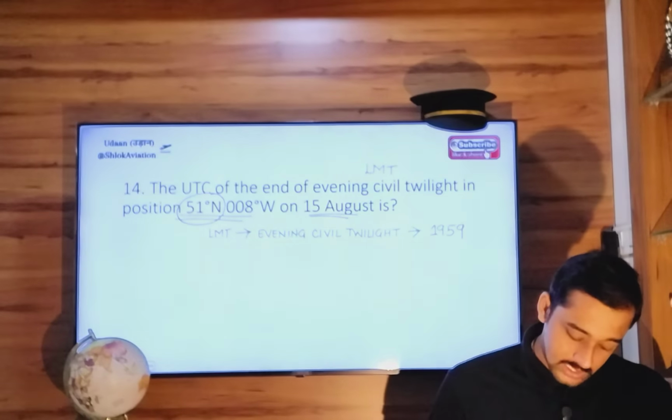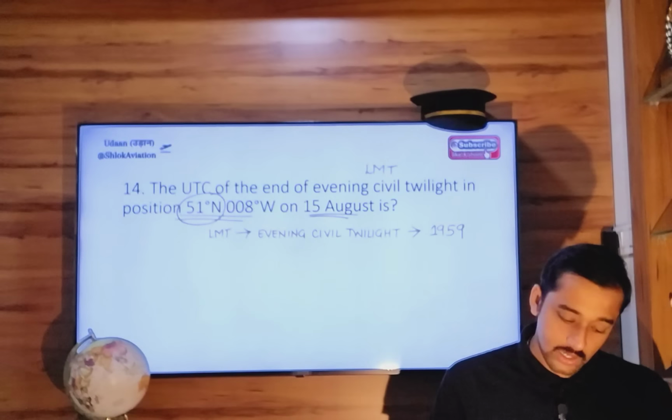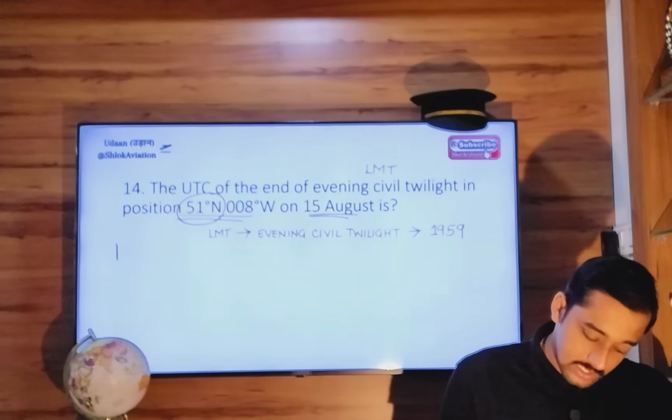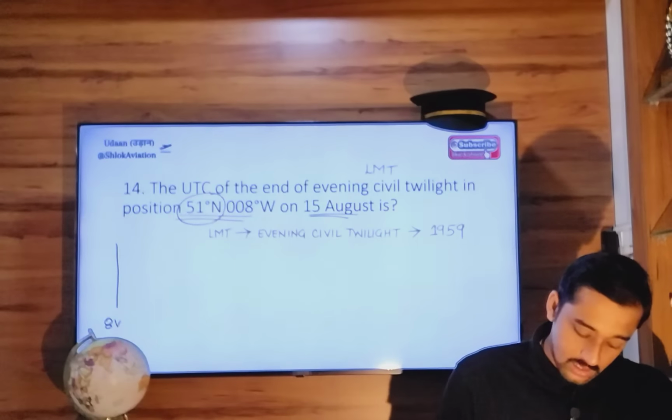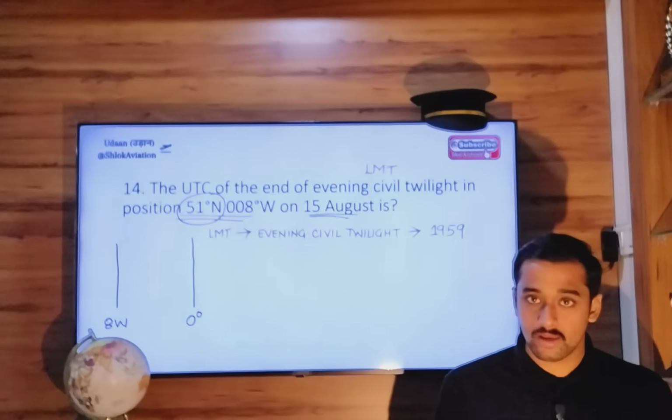Now let's convert this into UTC. There are two longitudes given to us: 8 degree west, and then the UTC longitude, which is 0 degree prime meridian, right?